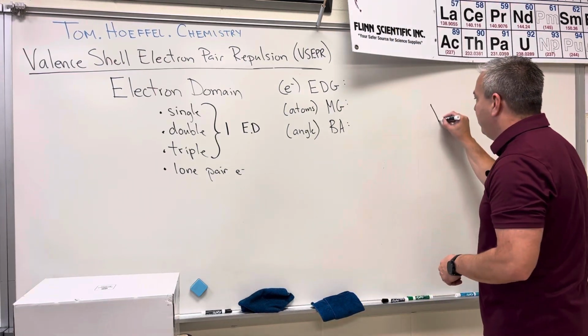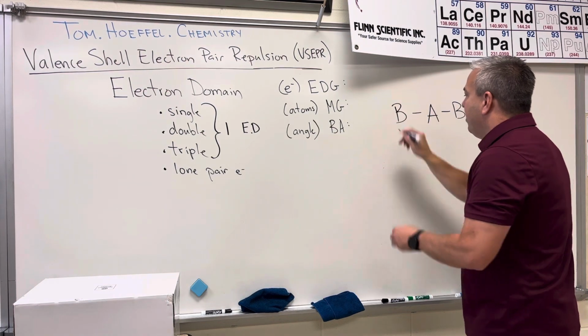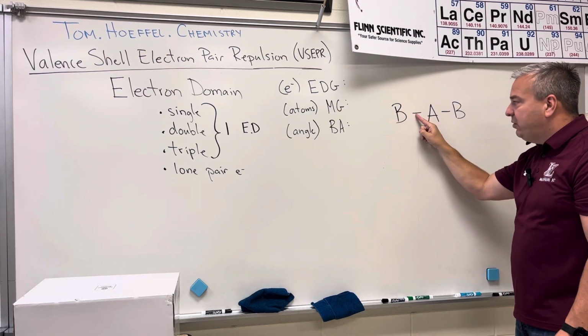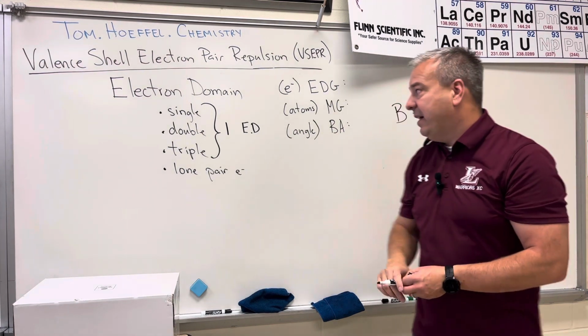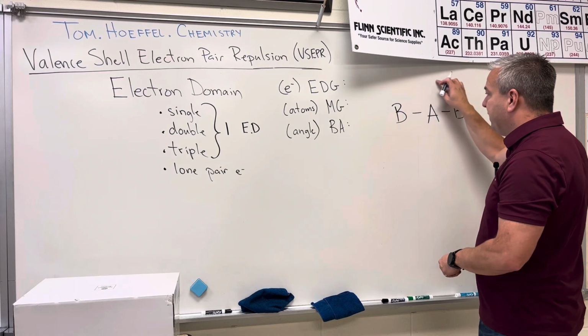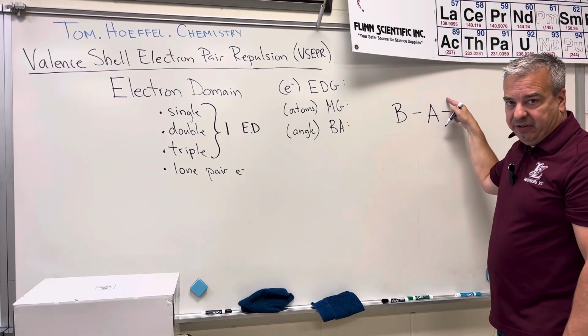What I just showed you would look like this, where A has two electron domains and they get as far apart from each other as possible. You might be able to figure this out logically, that the bond angle here would be 180 degrees.